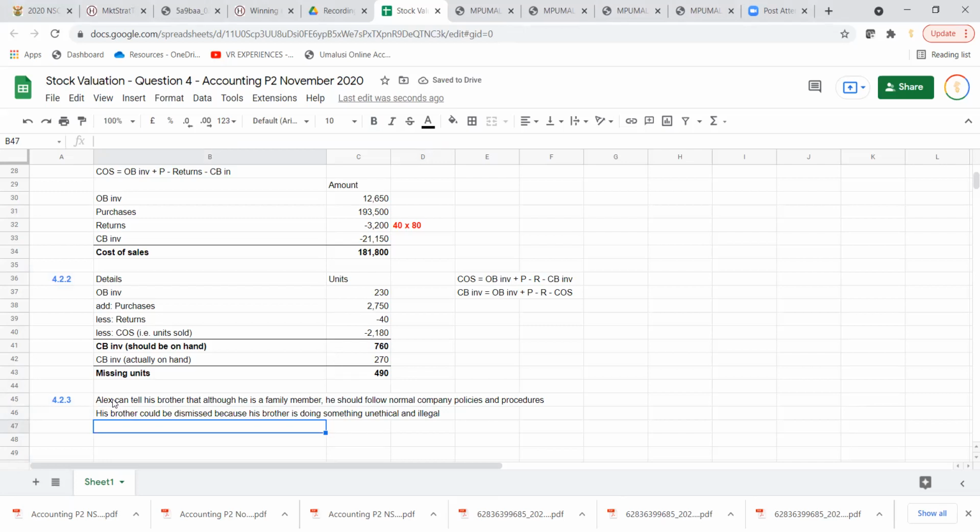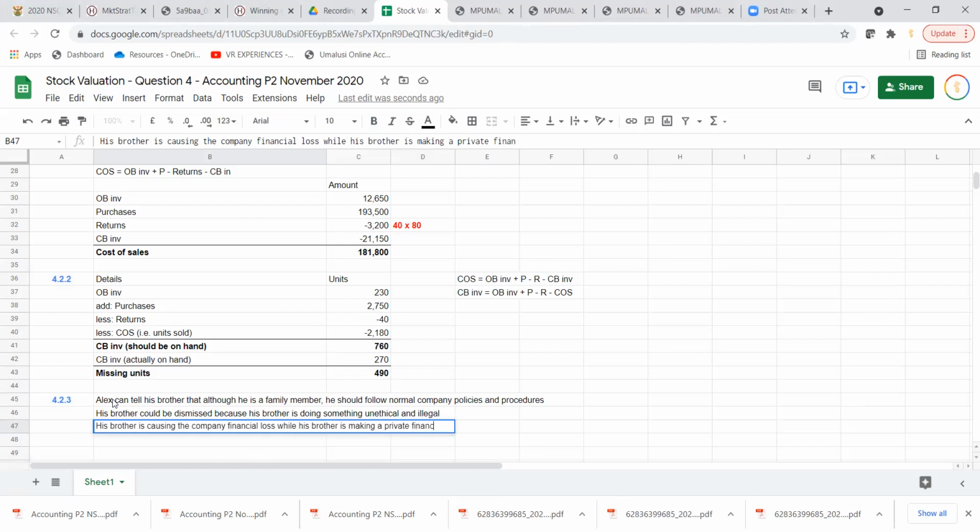You can also say his brother is causing the company financial loss while his brother is making a private financial gain.